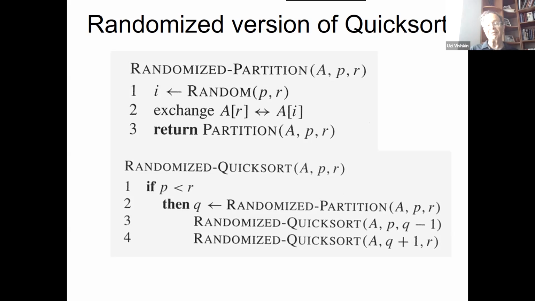We do something which is a bit awkward, but instead of looking at what is written here, I'll tell you what we do, and then I'll show you how we implement it. So the idea is, instead of insisting that the pivot will be the element in location R, which is arbitrary, we pick a random element in the range P to R, and we declare it a pivot.